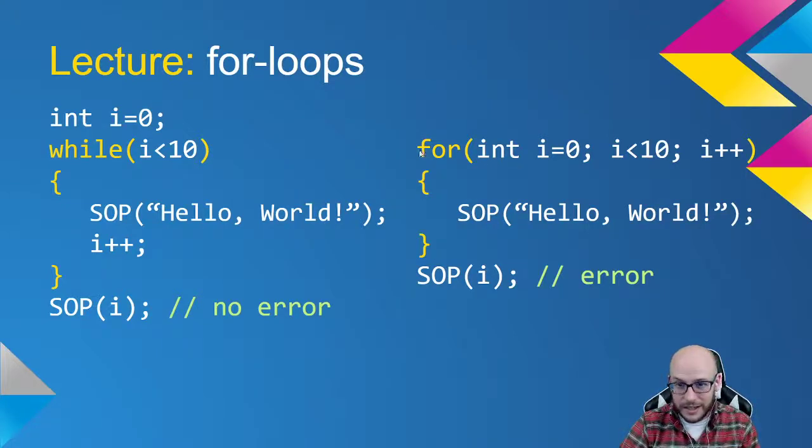Now, this actually gives us a slight advantage in one little sneaky way. The fact that this counter variable exists for this for loop and then stops existing here can be a good thing if we have multiple for loops. I'm not talking about nested for loops. I'm saying we loop and then a little bit later loop again. The reason why this could be a slight advantage is because I get to reuse integer i.